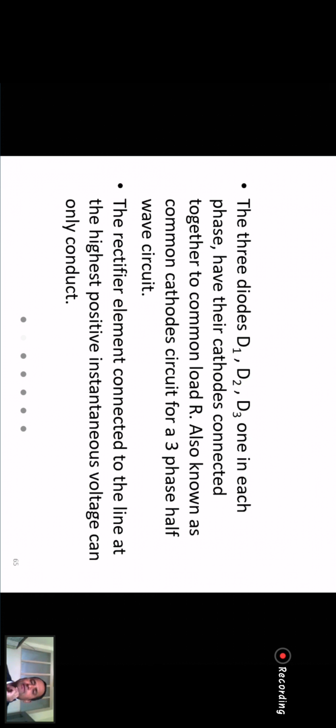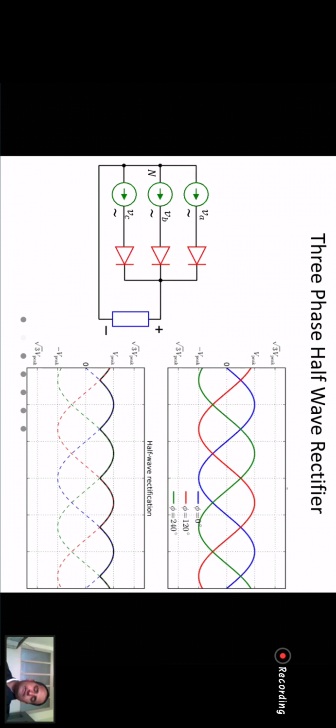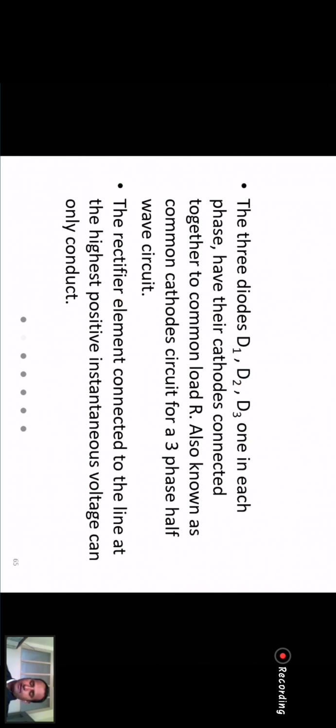The rectifier element connected to the line at the highest positive instantaneous voltage will conduct. We are talking about the three-phase half-wave rectifier.